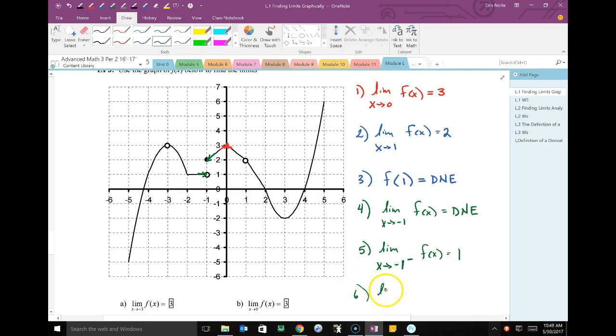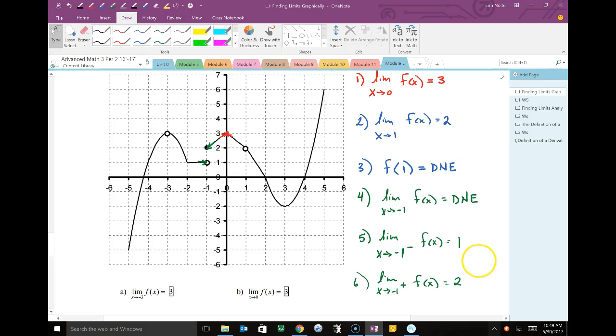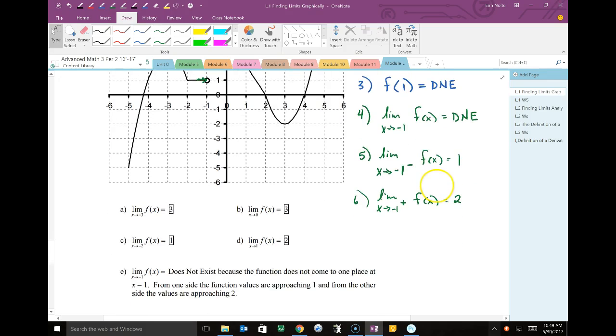And if I said the limit as x approaches -1 from the right, I would use a plus sign. That plus sign means from the right. So on the right side of -1, we're looking at that y value, so that one is approaching 2. These are one-sided limits when you see that plus or minus. If you don't see that, you have to consider both sides of your limit. That's where the ants idea comes into play.